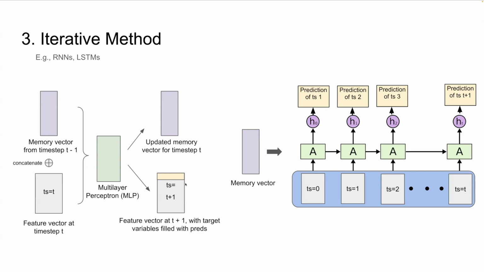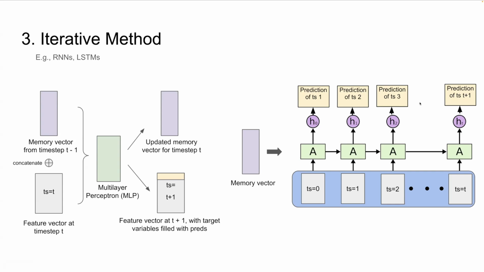And the other thing is to make a prediction for the target variables. So for your feature vector at time step t+1, your target variables were missing originally, and you want to fill those missing target variables with your predictions.